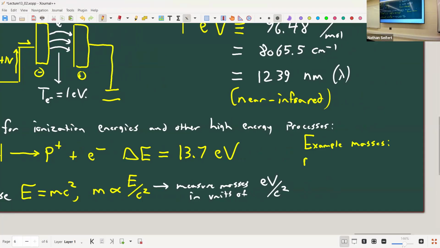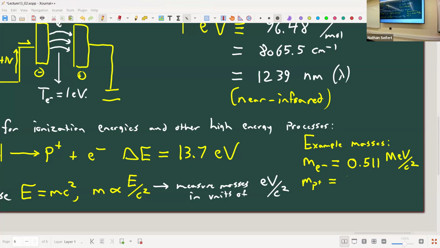The mass of the electron is 0.511 mega electron volts per c squared. The proton is much larger, about 1,000 times bigger: 938.3 mega electron volts per c squared.